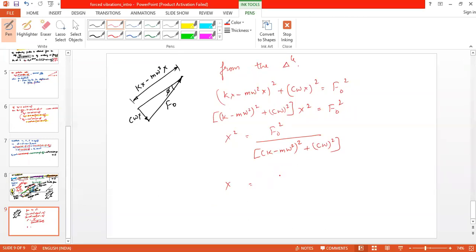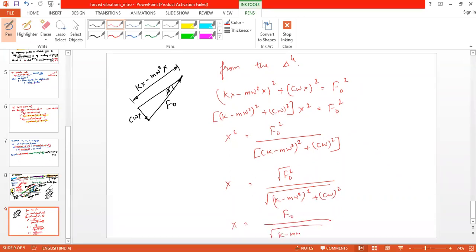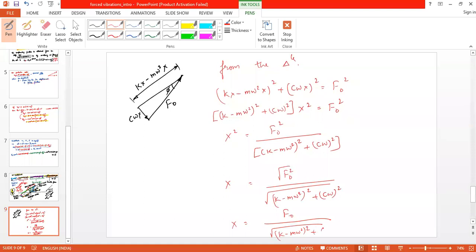Or x is equal to F naught divided by root of (k minus m omega square) whole square plus (c omega) whole square. So this is the expression for x.